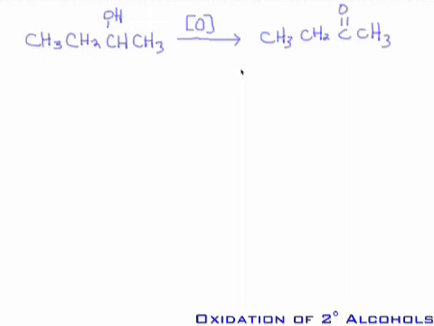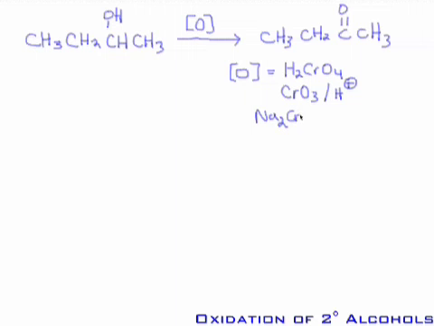And the reagents that can be used, O in square brackets simply means oxidizing agent. We could use chromic acid, H2CrO4, which looks like H2O plus CrO3. We can use CrO3 and acid. We can use sodium dichromate, Na2Cr2O7, again in acid.